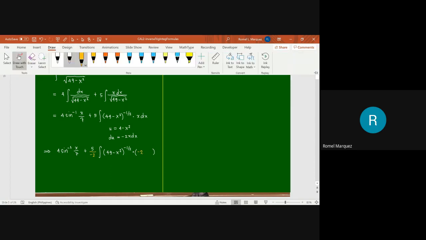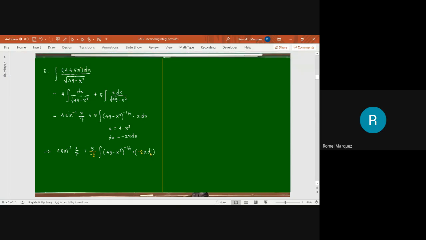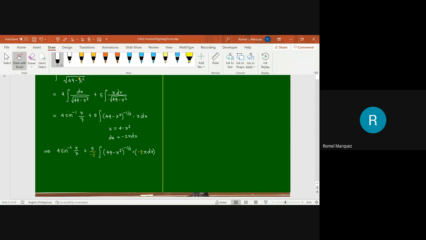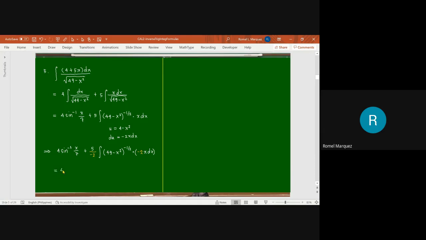Then copy the rest, so that is x dx. Is that complete now, guys? So we now write 4 inverse sine of x over 7, minus 5 over 2, and times u to the n du.